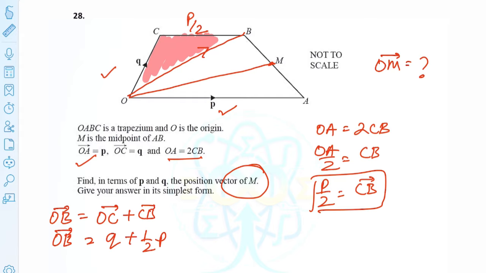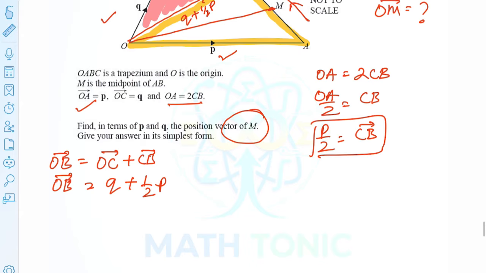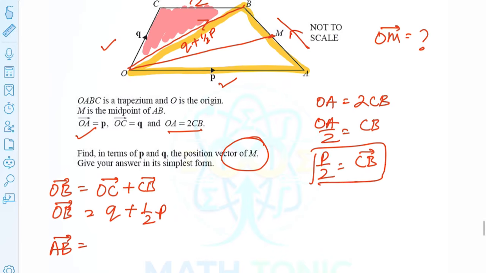Now can we find the AB vector? I'm talking about this triangle. We have the OB vector right now. What did we get? We got Q plus half of P. Now we need to find the AB vector. AB vector equals AO plus OB vector.